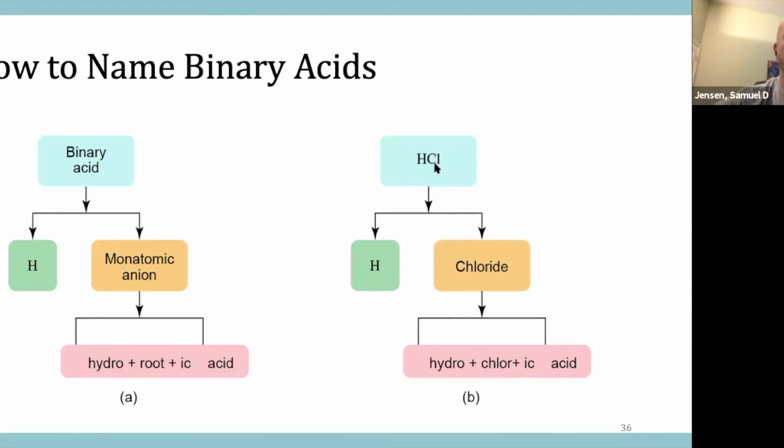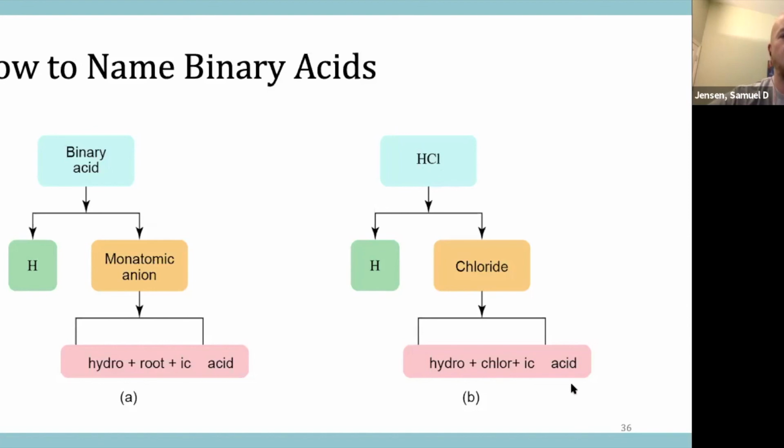Hydrogen chloride would indicate that it is the salt hydrogen chloride or the gas hydrogen chloride. But hydrochloric, the IC is telling us that it is an acid name. Plus you put the acid in there as far as the name, so it's hydrochloric acid.